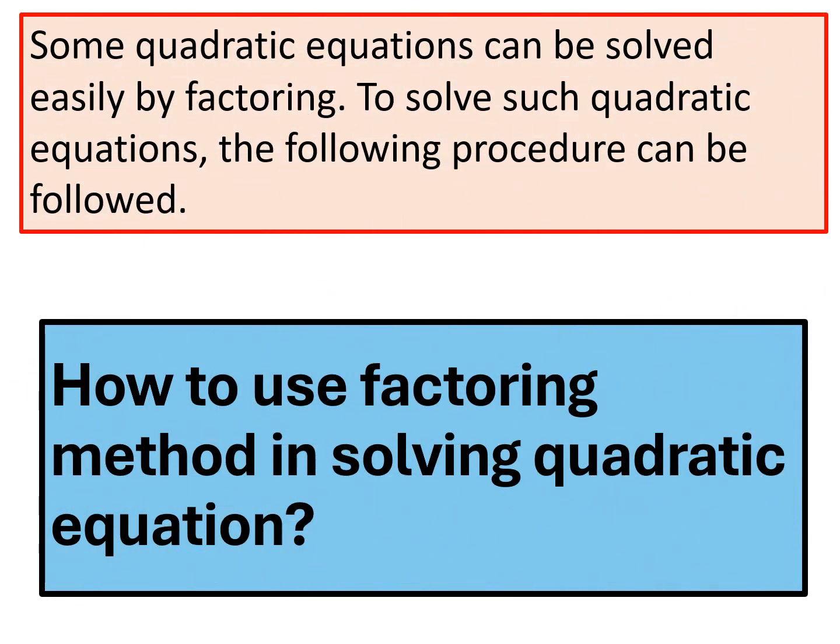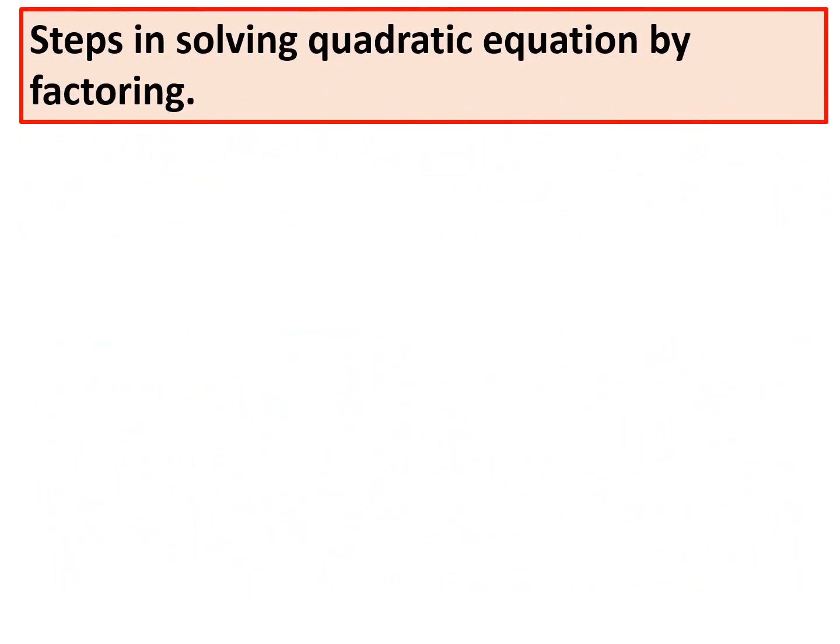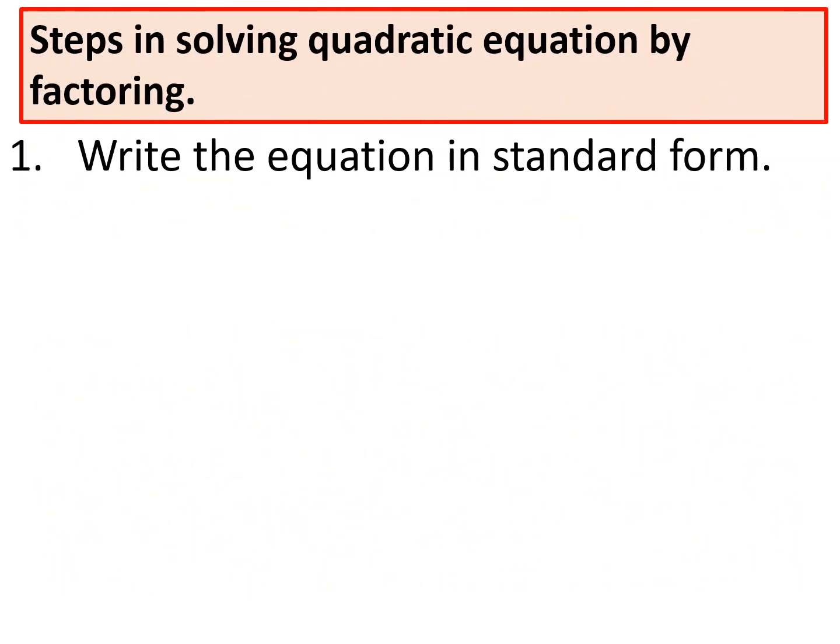Some quadratic equations can be solved easily by factoring. To solve such quadratic equations, the following procedure can be followed. How to use the factoring method in solving a quadratic equation. So here are the steps. First, write the equation in standard form.